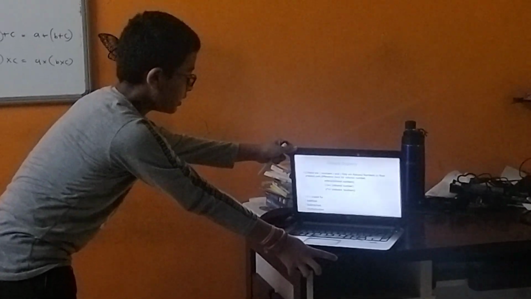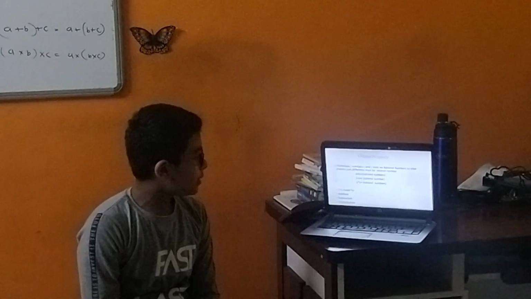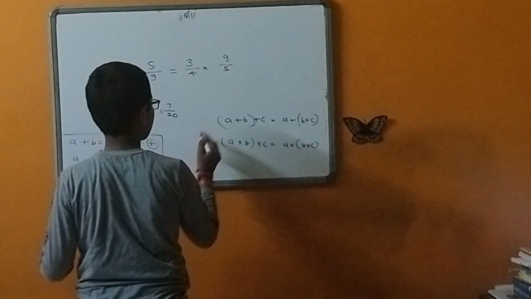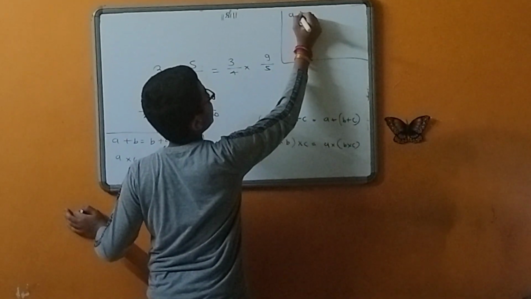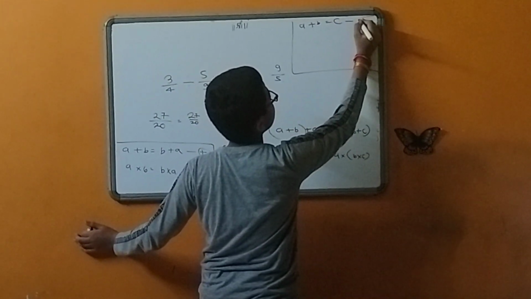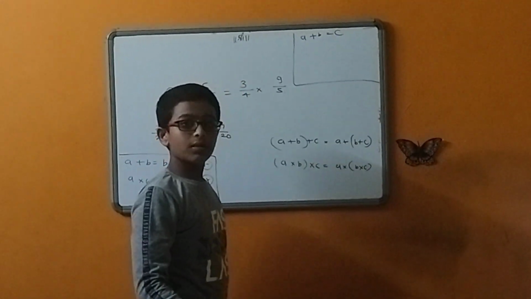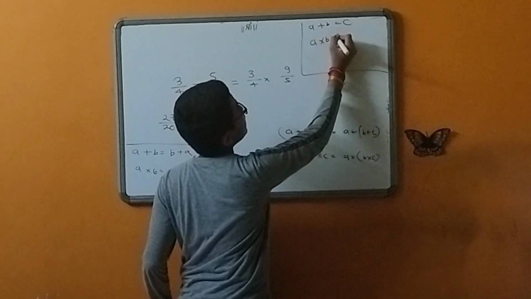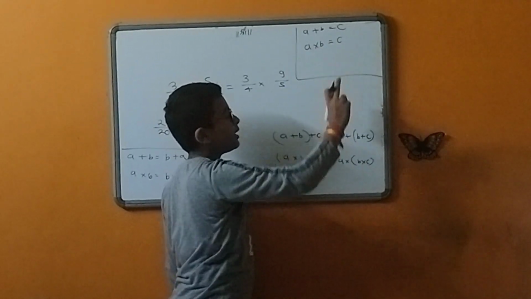Now closure property. There are two numbers x and y. They are rational numbers. So the product, sum, and difference must be a rational number. Like if a is a rational number and b is a rational number, then their sum c is a rational number. So rational numbers are closed. In the case of multiplication, a into b is equal to c, where a, b and c, all three of them are rational numbers.